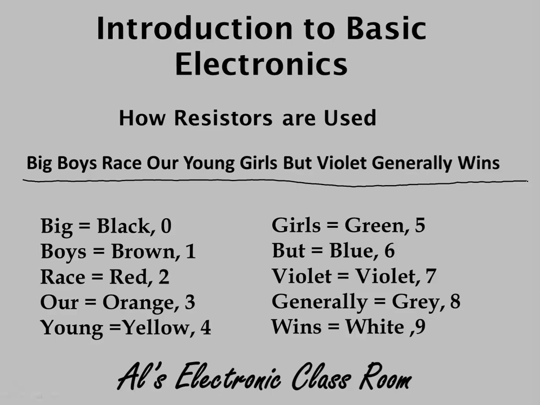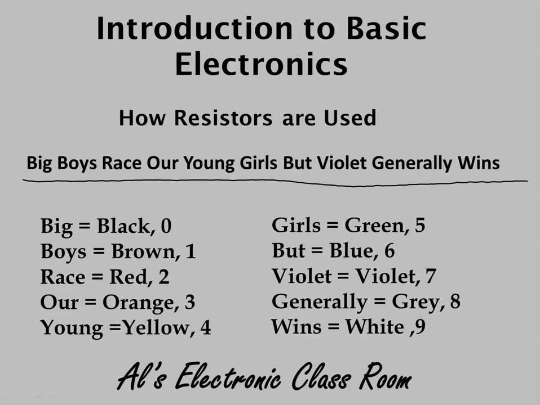Now, the first letter of this poem represents a color. And what you have to remember is that we go from a dark color, which is black, up to a bright color, which is white. All right? And the first letter of each word in the poem is the first letter of the color.